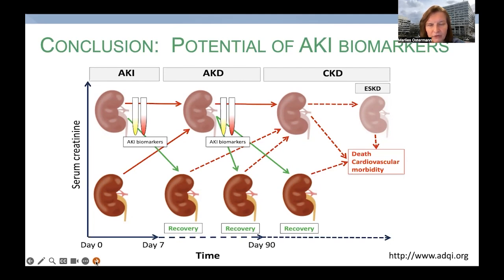Work is also necessary to describe and identify patients who are at highest risk of this continuum from AKI to CKD. Fortunately, new methods and tools are available that give us more granularity and some information about these potential trajectories.